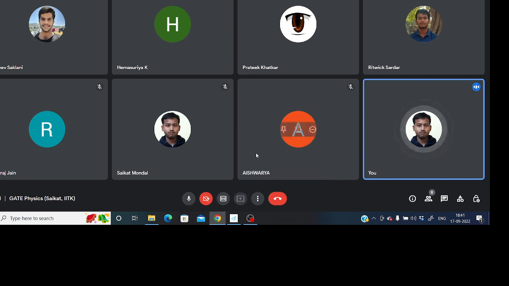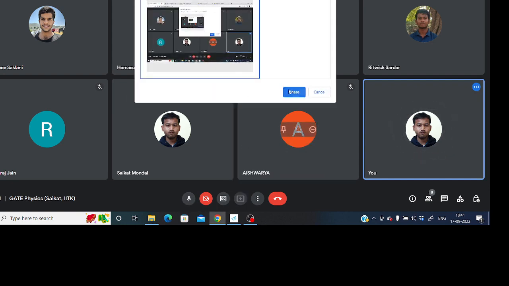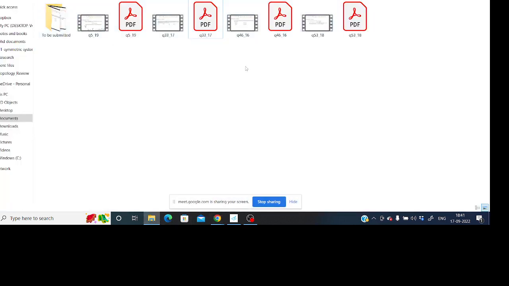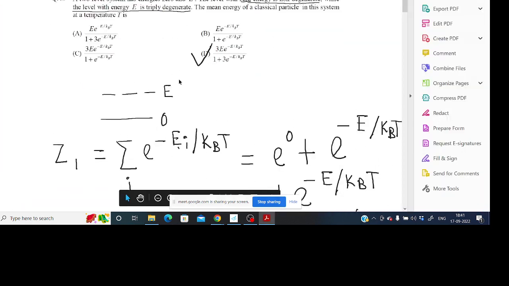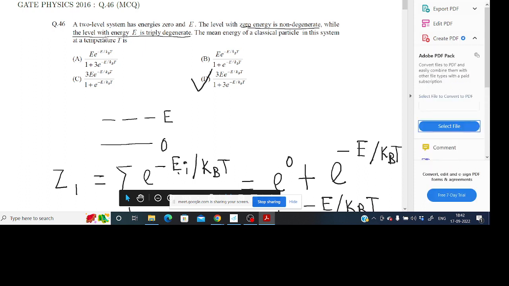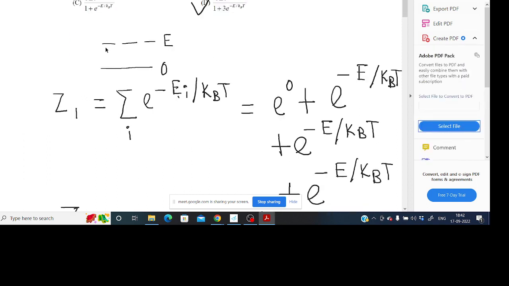Now I am sharing the PDF of this question. So in this question, the system has two levels.